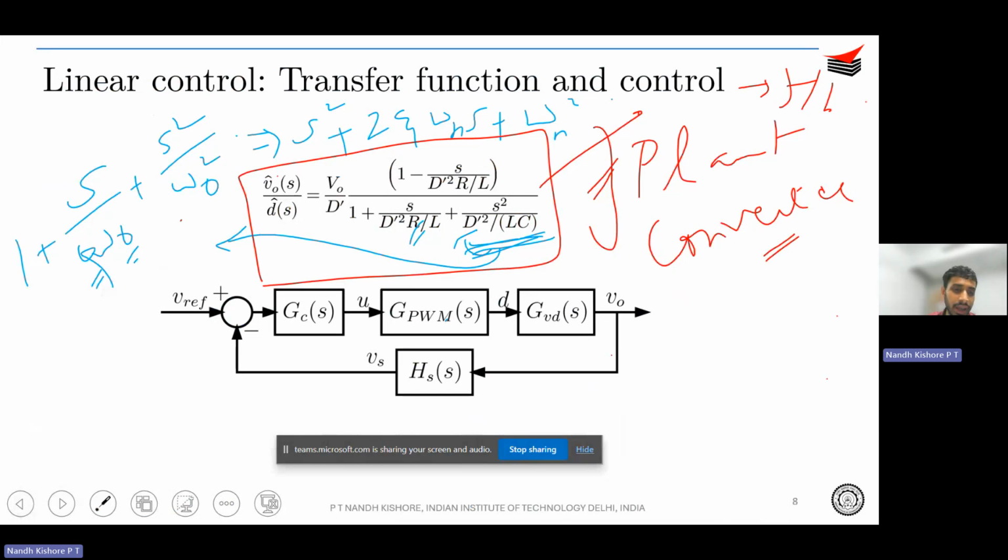Let's say you need a reference of 48 volt. Let's say initially you have only 40 volts at the output. Then what would happen is you have a 48 volt and a 40 volt. Okay, let's say the gain is 1 for this, essentially this voltage sensor.